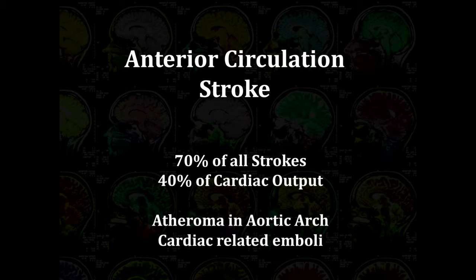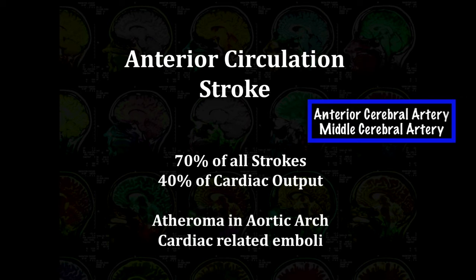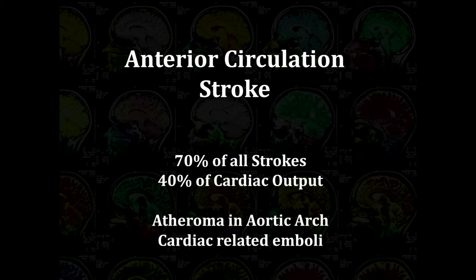So if we focus specifically on the anterior circulation and strokes that are based on that location, these are the most common. They are 70% of all strokes. And really it's important to understand that the anterior cerebral artery, the middle cerebral artery, they really dominate our cardiac output needs inside our brain with 40%.